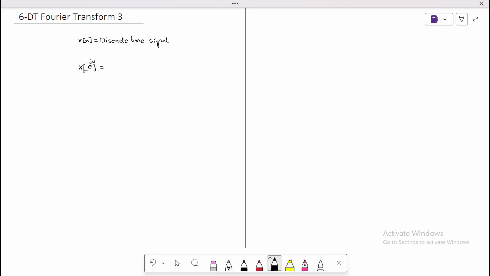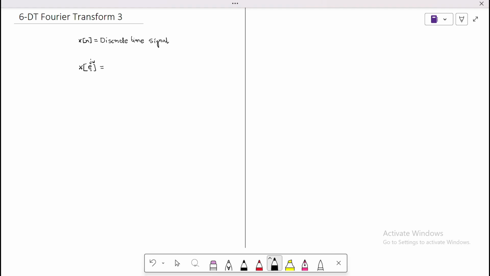That is equal to... In continuous time, the Fourier transform is called X of j omega. But in the case of the discrete time Fourier transform, we are taking e power j omega. Why we are taking it like this compared to continuous time, we will clearly discuss in the Laplace transform and Z transform.